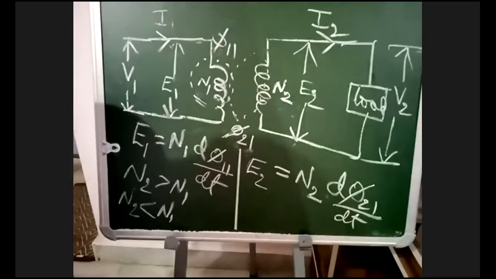If it is R load, V2 is equal to I2 into R. If it is RL load, V2 is equal to I2 into Z. What is Z? Z is equal to R plus jXL. Is it okay?